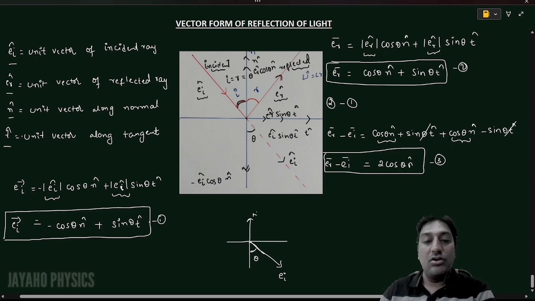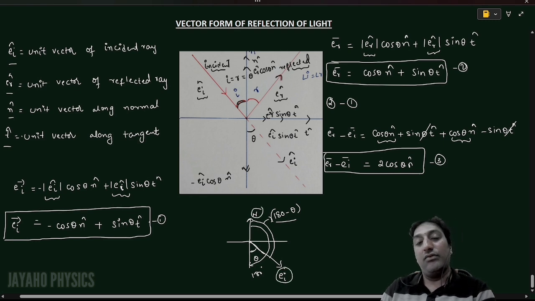Here it is a normal, and from here to here this angle will be equal to 180 degrees. So what is the angle between the normal and the incident light ray? We are getting 180 minus theta, the angle between the normal and the incident vector.